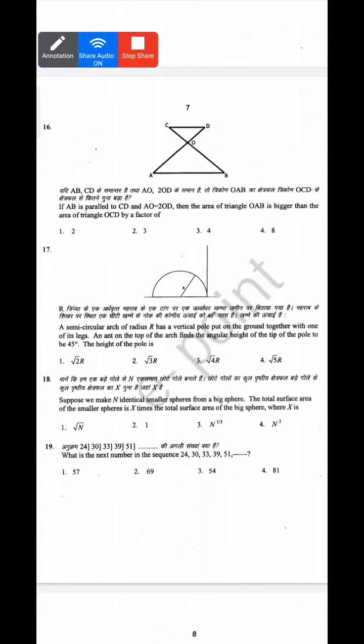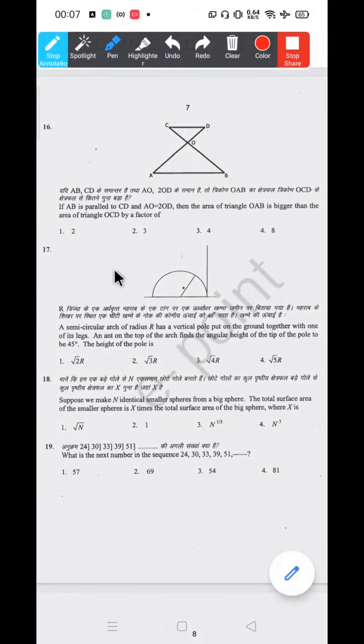Suppose we make identical similar spheres from a big sphere. The total surface area of the smaller sphere is x times the total surface area of the big one. Okay, so let us see that. Suppose I am having a sphere, volume is 4 by 3 pi r cube, and that is equal to n times 4 by 3 pi r cube.